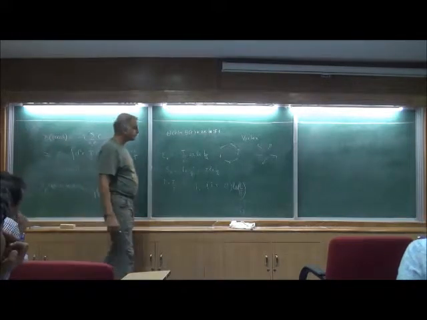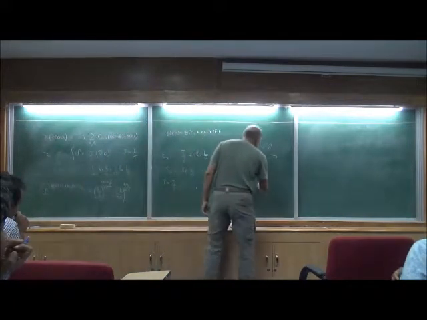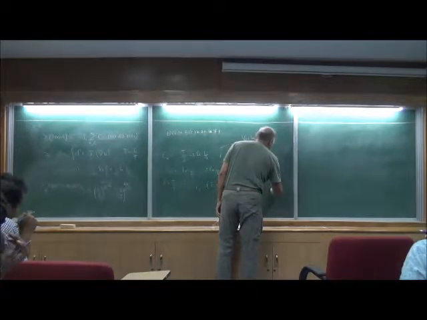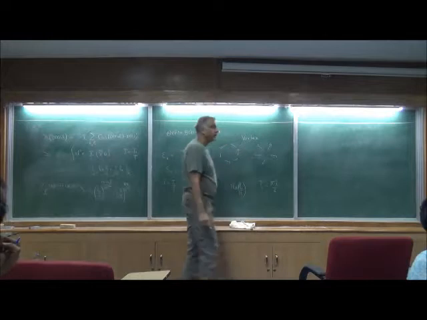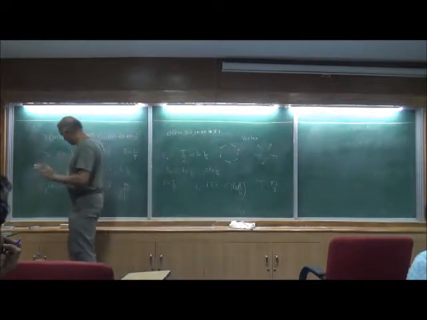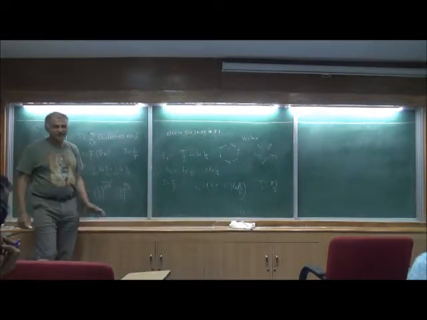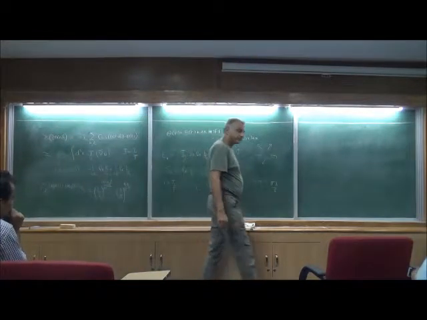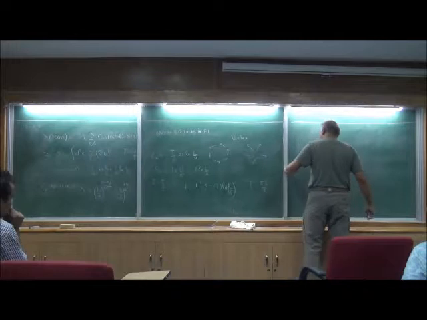Okay? Good. So this suggests that T_C is actually equal to pi J0 over 2. And in a certain sense, this is actually correct. In some particular limit, this is correct. So that was what I covered last time.